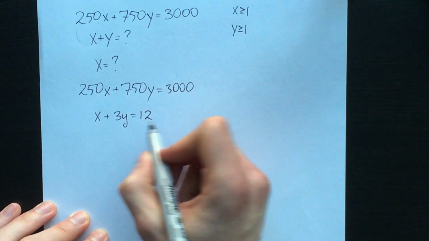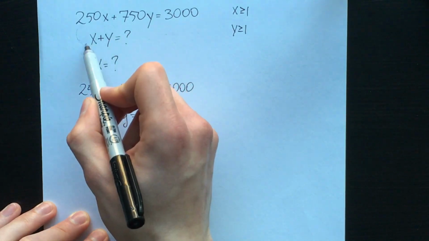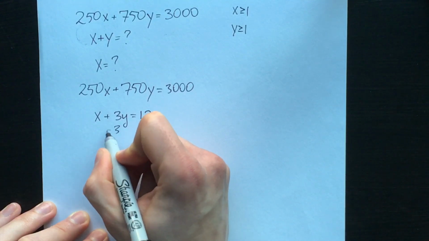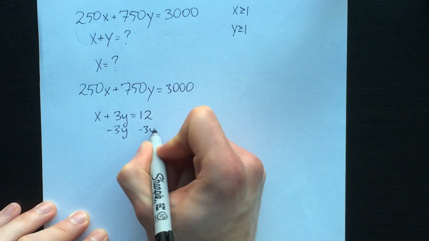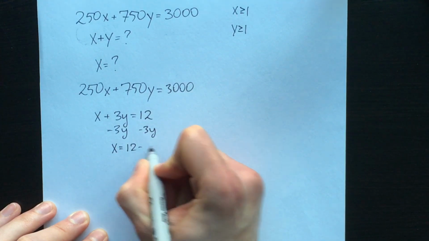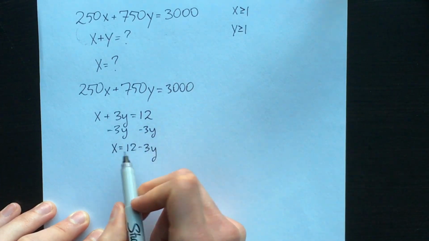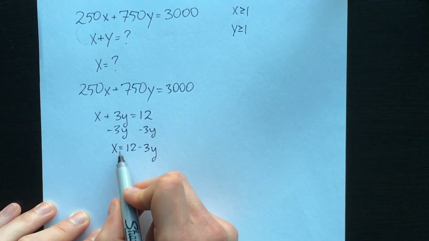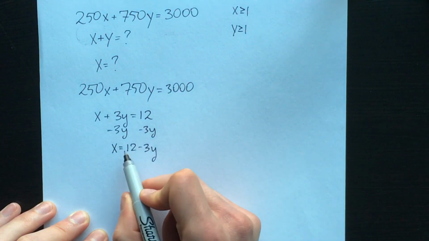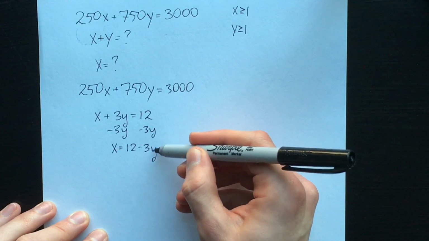So again, we're looking for x. We don't actually define the total amount. We just need x. So let's solve for x. Let's subtract 3y on both sides here. So x is equal to 12 minus 3y. So again, what does this equation tell us? We had said that x, the number of $250 bonuses, is equal to 12 minus 3 times the number of $750 bonuses.